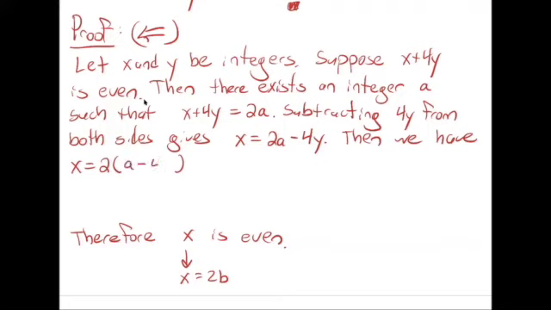That's not how I would do it, though. So that would give me 2 times the quantity a minus 2y. So that gives us 2b. That gives us 2 times an integer, I should say.